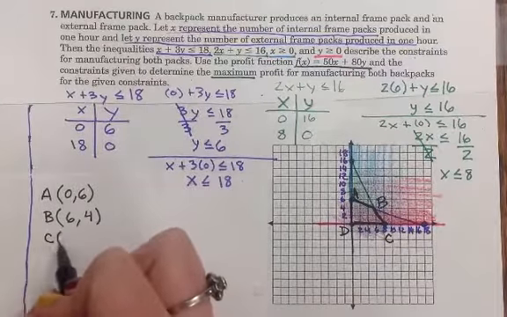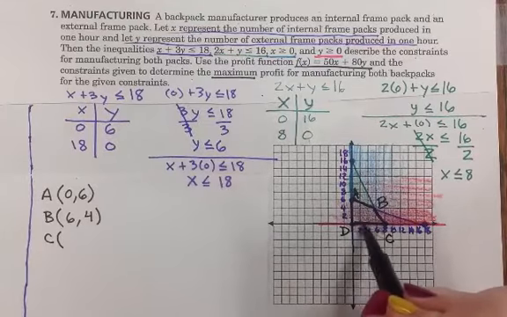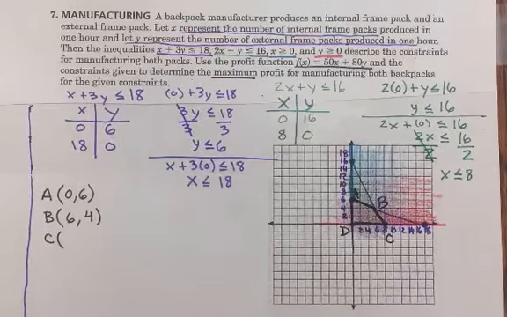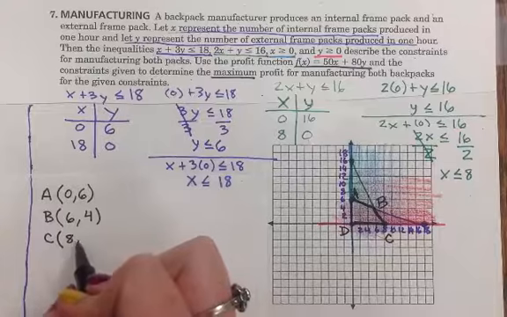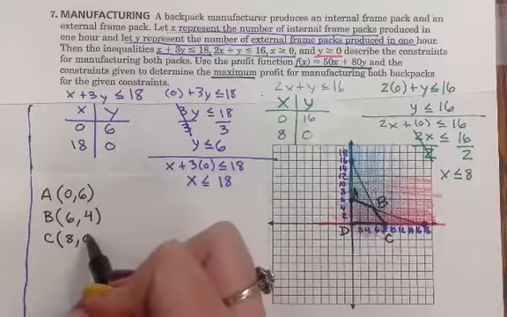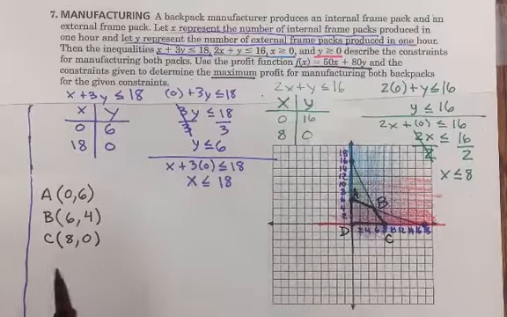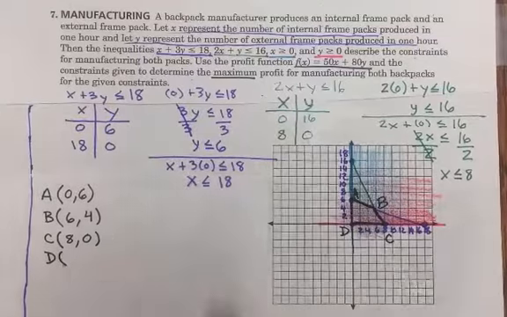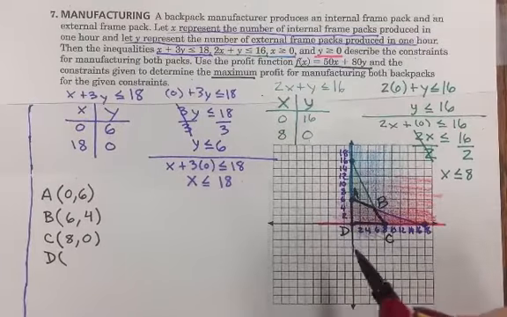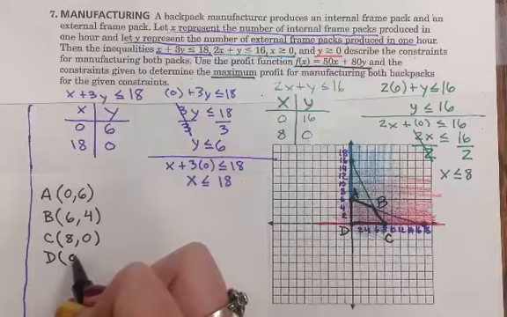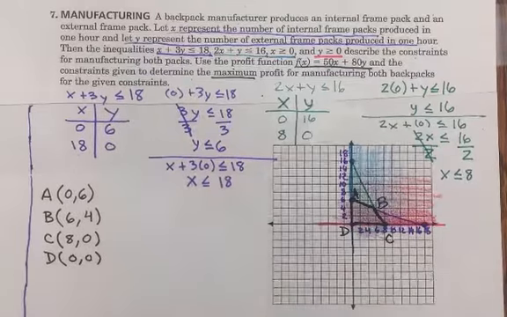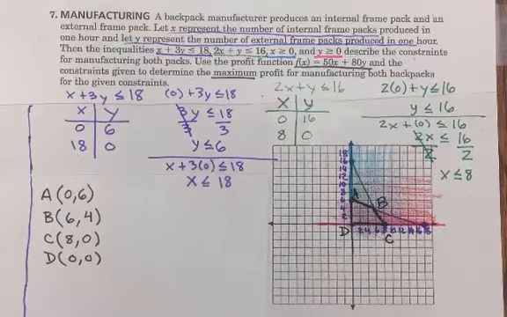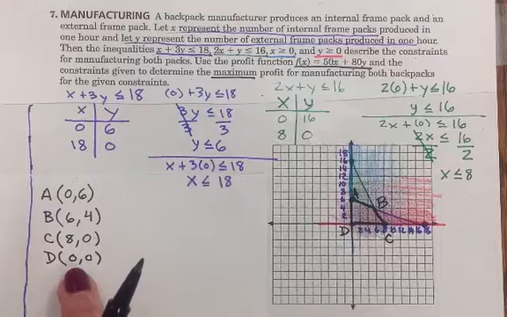For point C, we had to go all the way to the right 8, and we didn't go up or down at all, so that's going to be 0. And finally for point D, we didn't move at all from the origin, so we're going to be at point 0, 0.